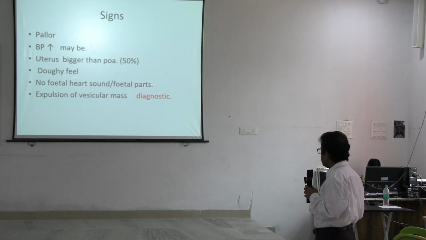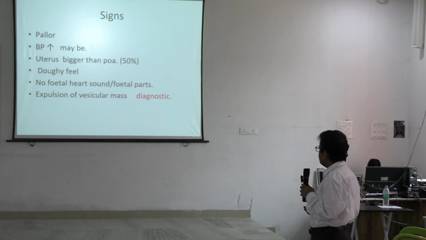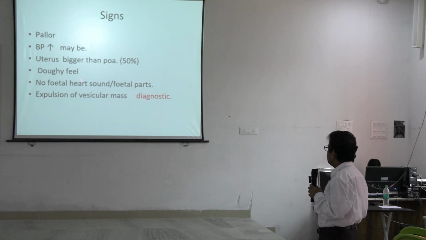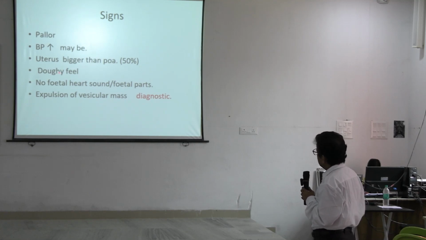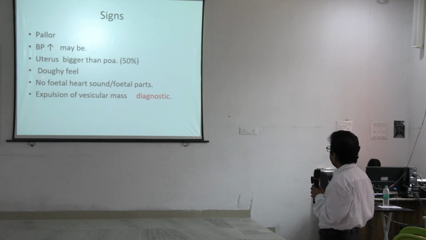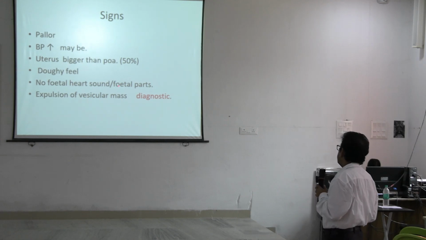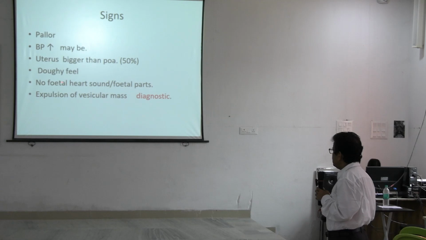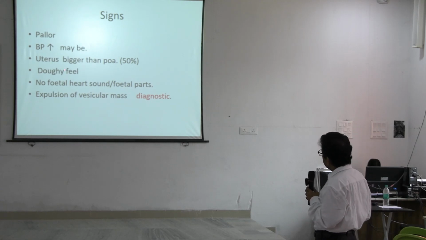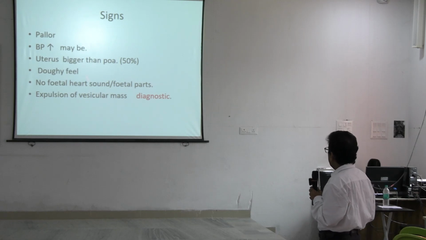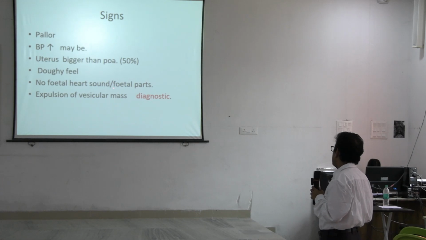Doughy feel, because there is no liquor; it is not a firm elastic feel, it is only full of molar tissue. That is doughy feel, and no fetal heart sound or fetal parts. That is applicable if the size of the uterus is 20 weeks or 24 weeks, so a very much bigger uterus with molar tissue.